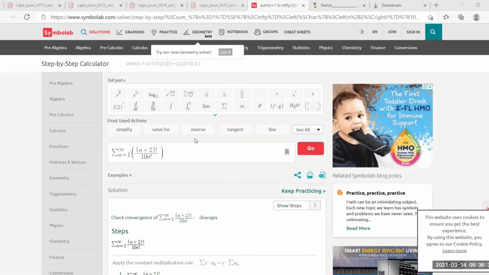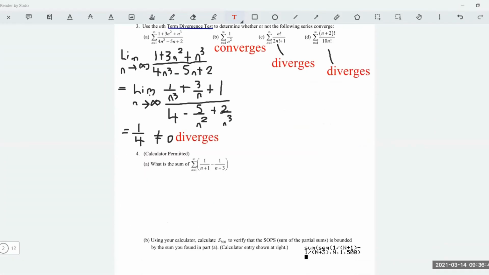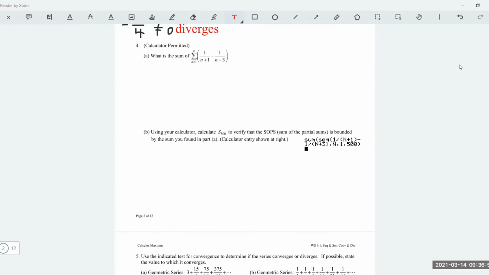All right. So continuing now, question 4 says, what is the sum of the sum from 1 to infinity of 1 over n plus 1 minus 1 over n plus 3? Now, all we're going to do is use partial sums to do this.